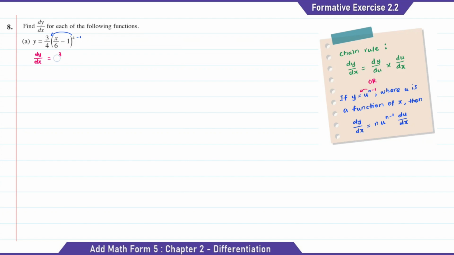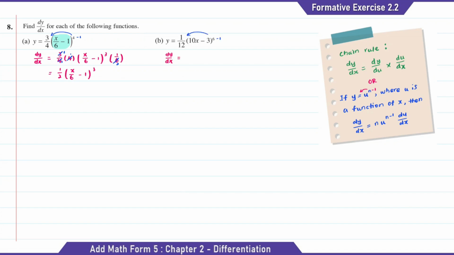Then this is equal to 3 over 4 times 4, bracket x over 6 minus 1 to the power of 3, and differentiate the terms in the bracket, which is going to be 1 over 6. So here we can simplify the 4 here and the 3 with the 6 here. Then this is equal to 1 over 2, bracket x over 6 minus 1, cubed.